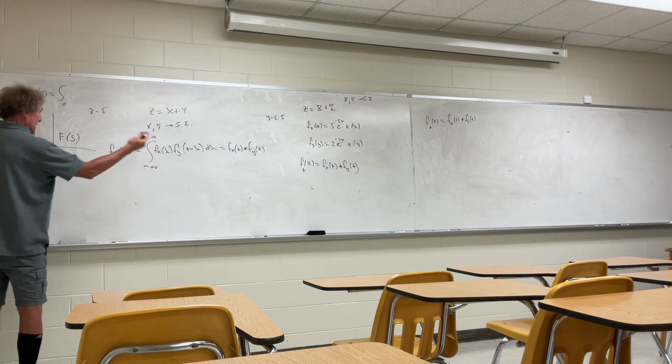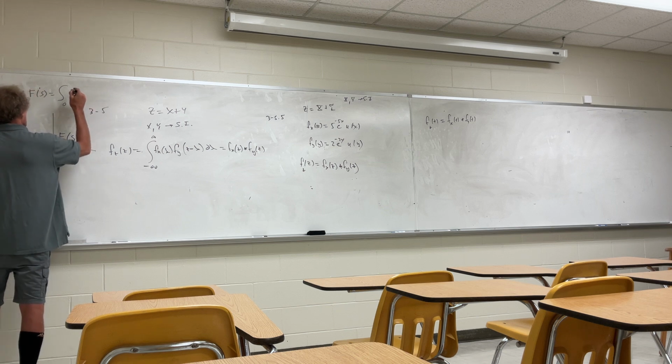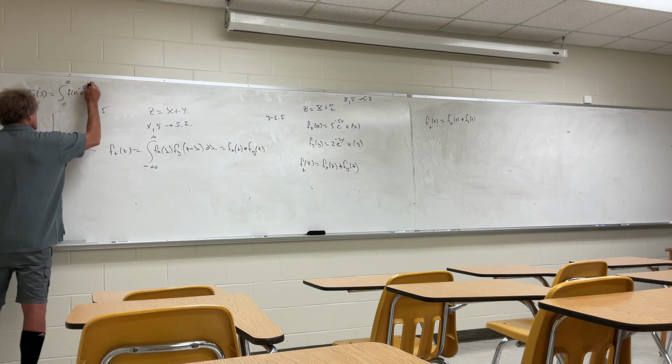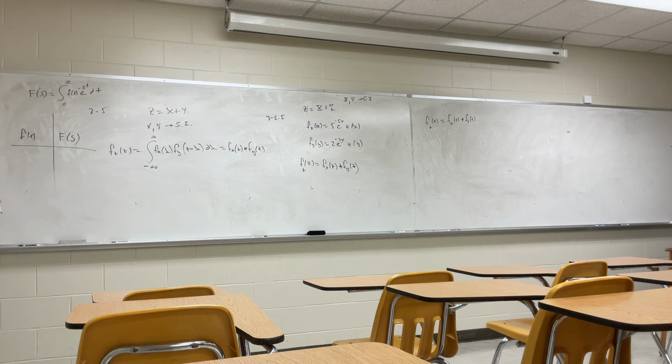You can take the time at the beginning, the onset of the event, so F of s goes from 0 to infinity of f of t e to the minus st dt. Do you all remember that? That's the fundamental.